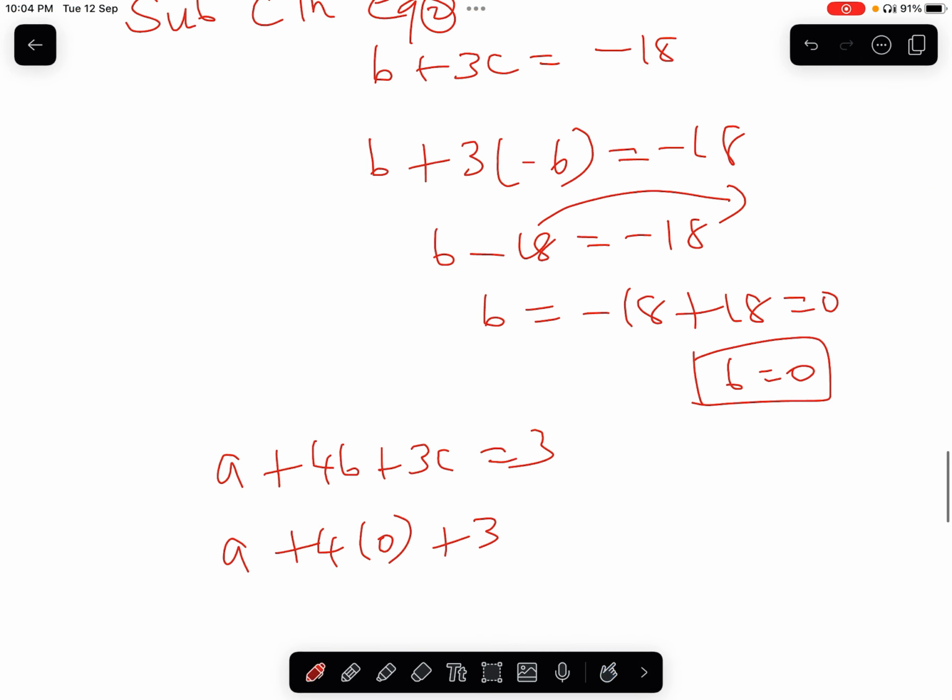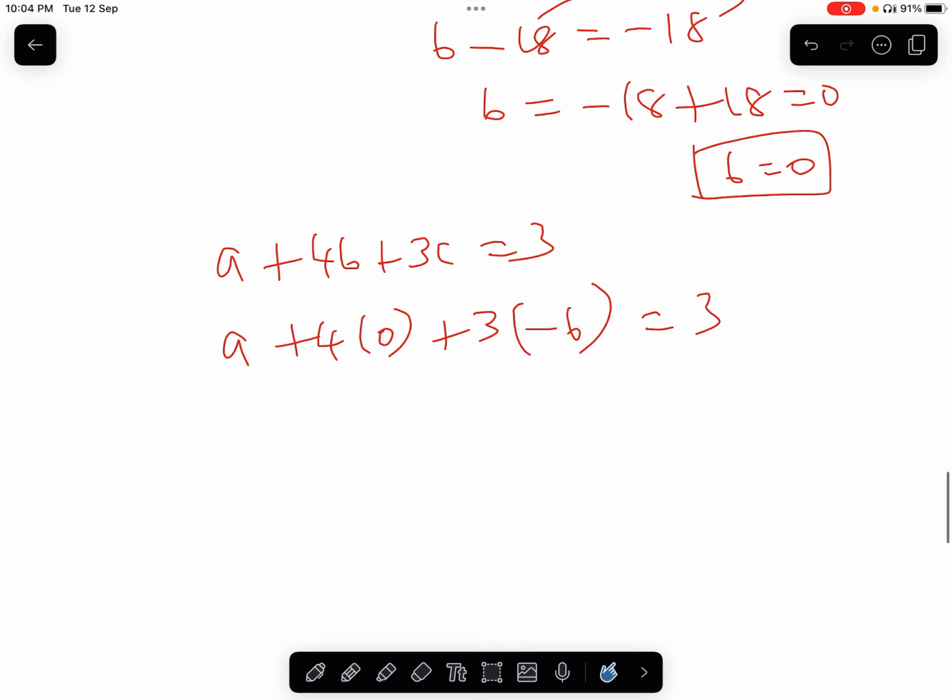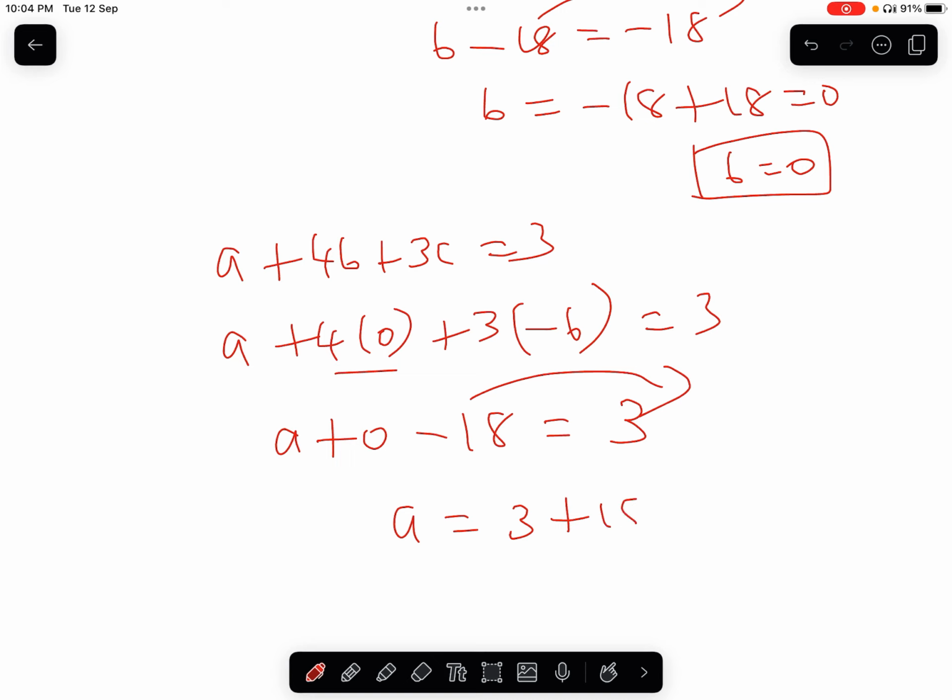That is minus 6, so minus 6 here is equal to 3. A plus 0, as 4 times 0 is 0, minus 18 is equal to 3. Taking this minus 18 to the right side, A is equal to 3 plus 18, and A is equal to 21.